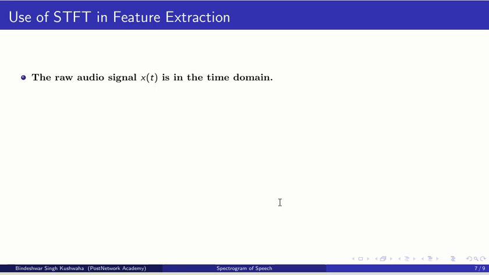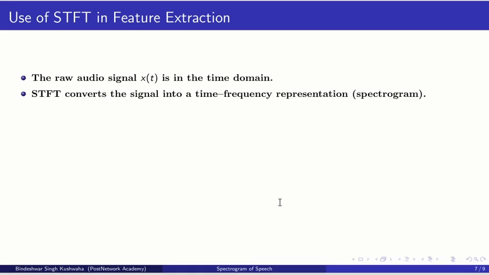So what is the use of STFT in feature extraction? That means in machine learning. Because this is audio data and we will require to extract features if we are applying machine learning, so we have to extract features, otherwise deep learning will extract them automatically. But we have to understand, so the raw audio signal x(t) is in the time domain, and STFT converts the signal into a time frequency representation, that is called a spectrogram.